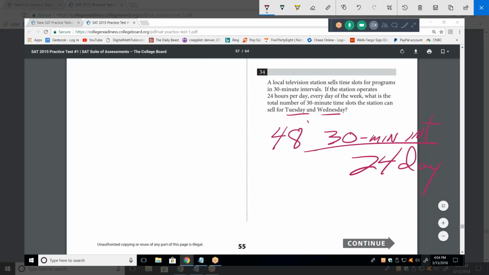So if we're going to do 48 per a 24-hour day, how many are we going to do in 2 days? We're going to do 48 in a day. So how many are we going to do in 2 days? 96. All right.